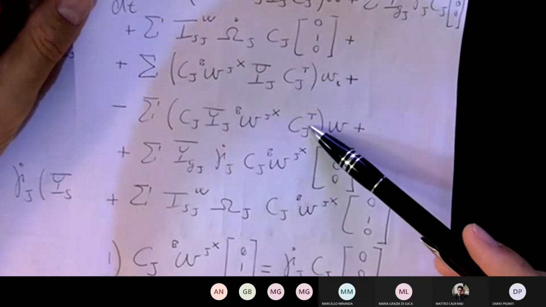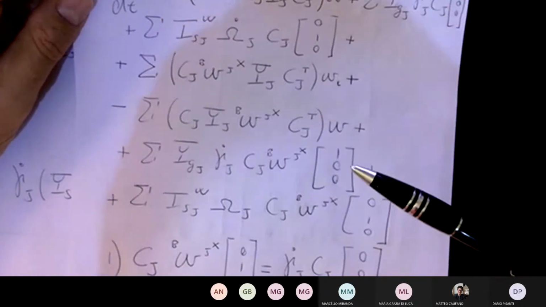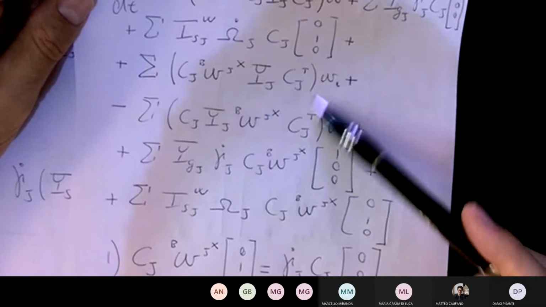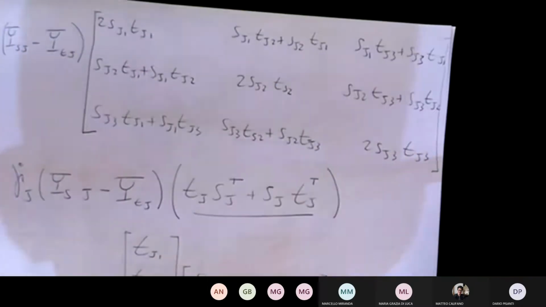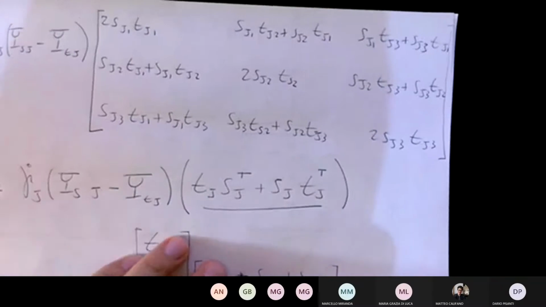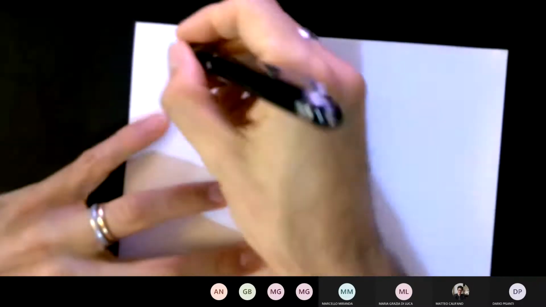It's here, and it's here. So if I use this expression, my angular momentum time derivative is going to look like the following.